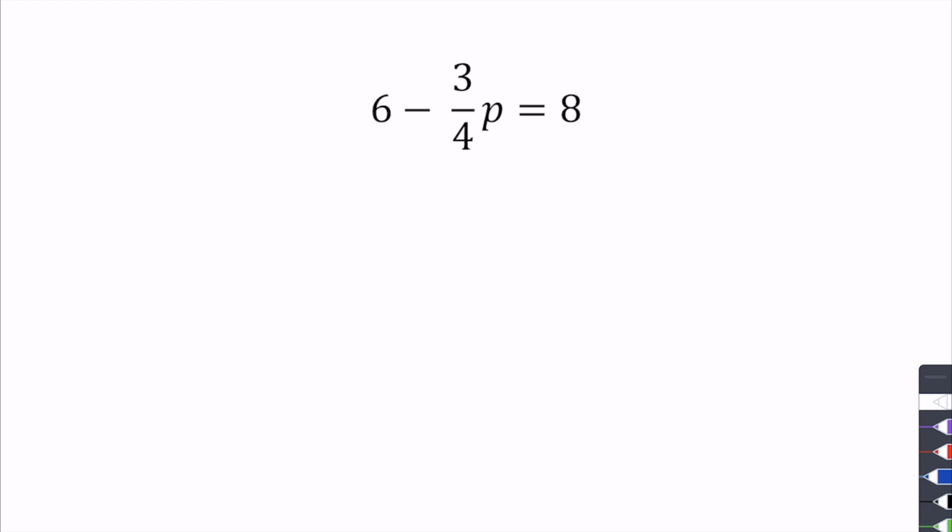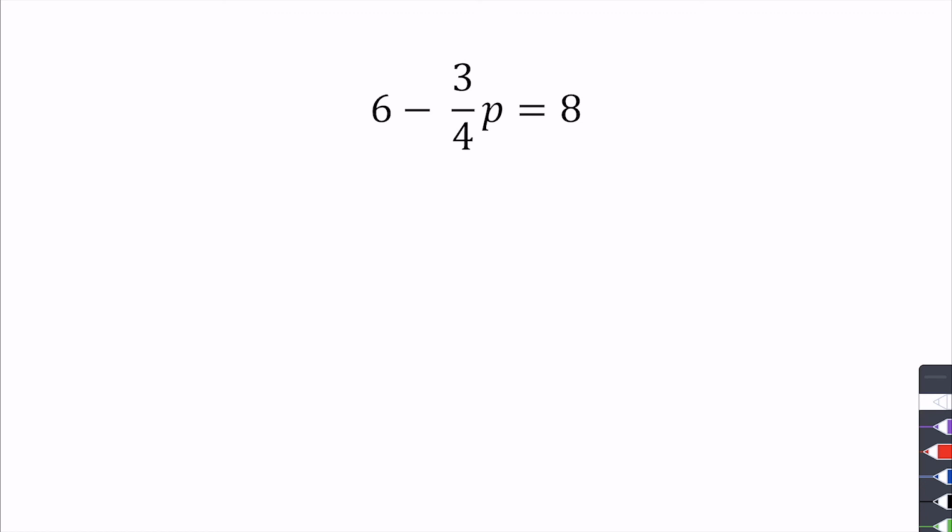Let's try one more. So we have 6 minus 3/4 p is equal to 8. Now my challenge here is that the p term is negative because it's minus 3/4 p. So the first thing I want to do is move my 3/4 p to the right hand side, which means I need to eliminate it from the left hand side.